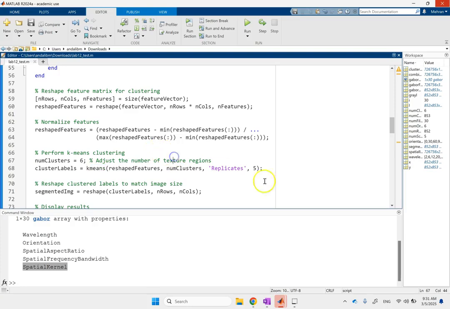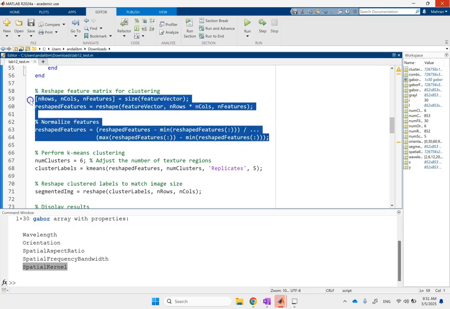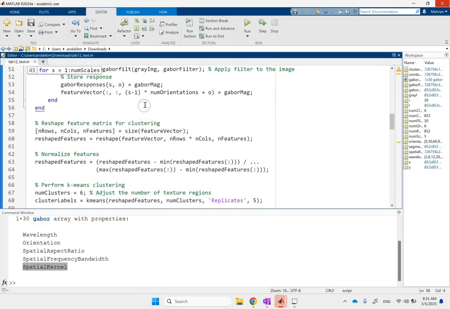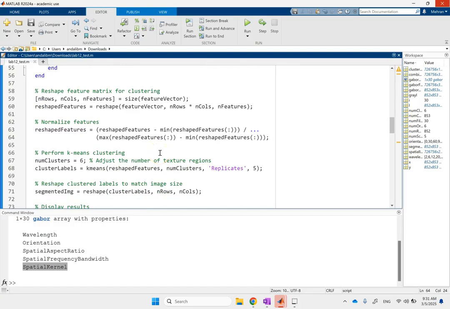The data that you have to give to K-means should be 2-dimensional, but you don't have one X and Y. We don't have one single image. You have a ton of different response images. So what you need to do is reshape all of these different responses that you got into 2D. And here we use normalization to get better classification or clustering by normalizing them by their max, so they're all kind of the same range instead of different ranges.